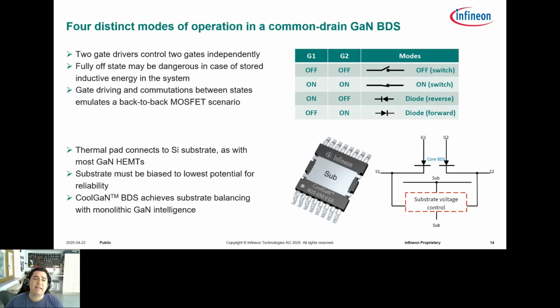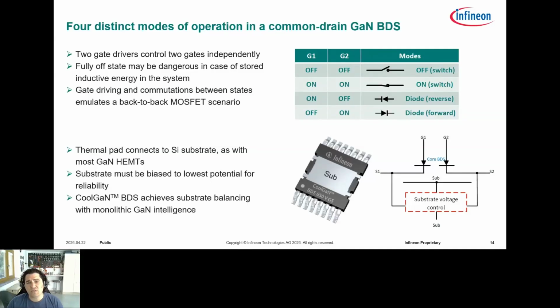Now, we rarely use the fully off state because if the gates are both off and you don't have other parasitic paths through your system or other freewheeling paths, if you have some inductively stored energy and no path for it to go, your board's going to very quickly self-destruct.